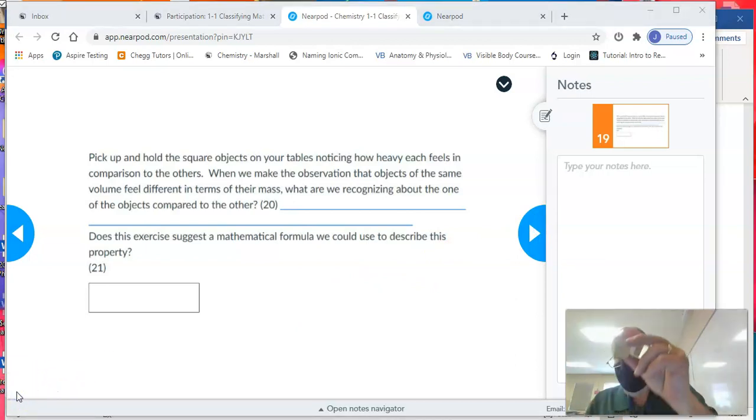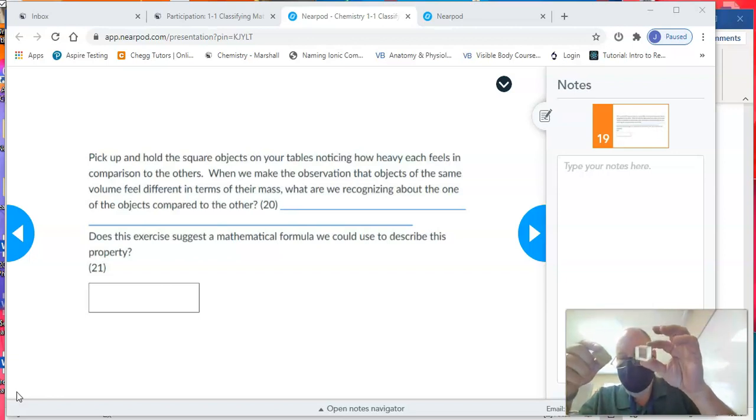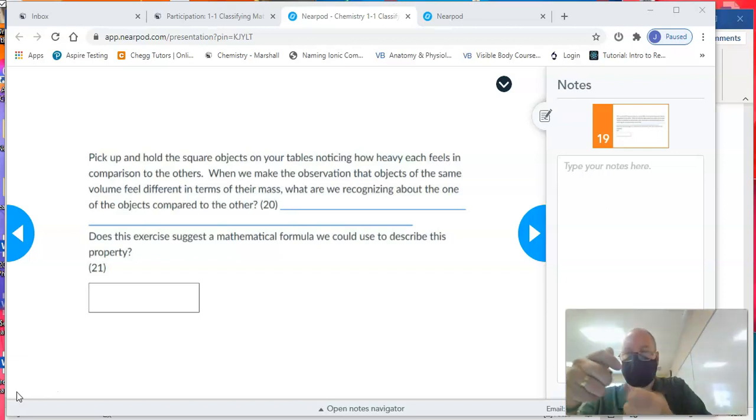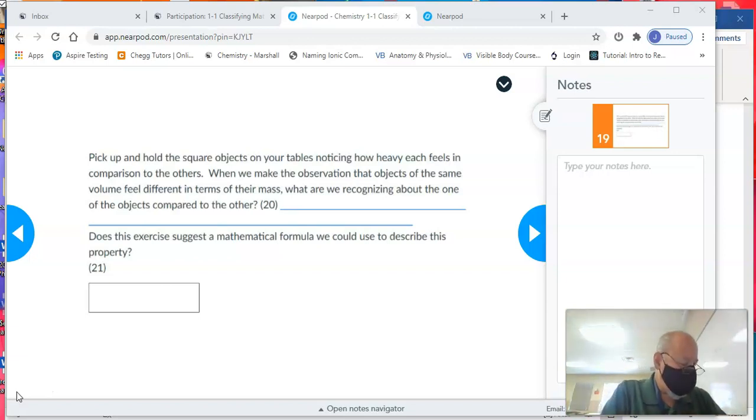Okay, so what we did in class, you can see on my screen down here, I have some cubes of different materials. These cubes are all the same size, they're the same volume, but they're all made up of different materials. There's some wood ones, there's some plastic ones, there's some brass ones, there's some copper ones, and other metal ones, and they're all the same volume, okay?